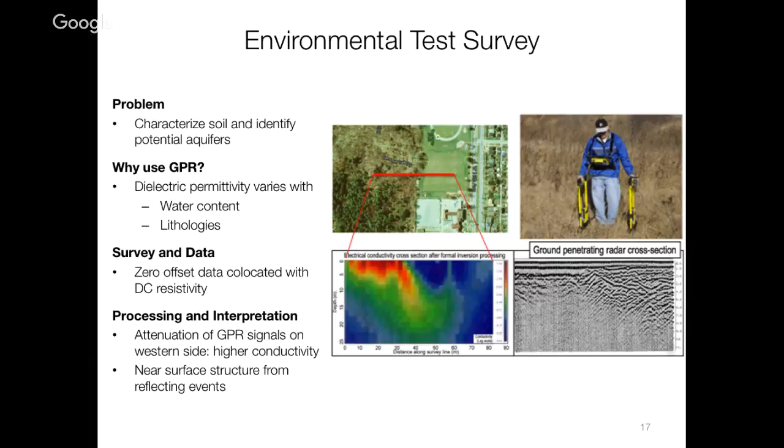So it was independent of frequency, but it did depend on conductivity. And if you had a higher conductivity in some region here, that might explain why you're no longer getting energy through there. So we did a DC resistivity experiment over top and inverted that.